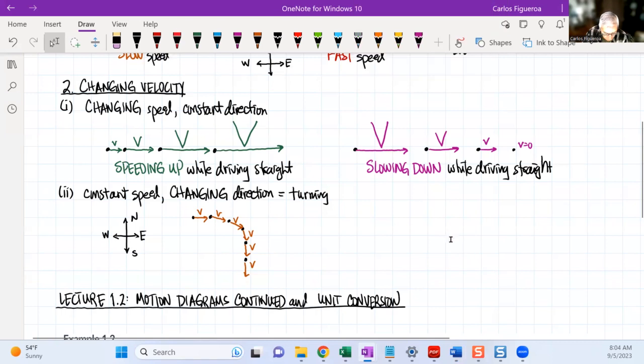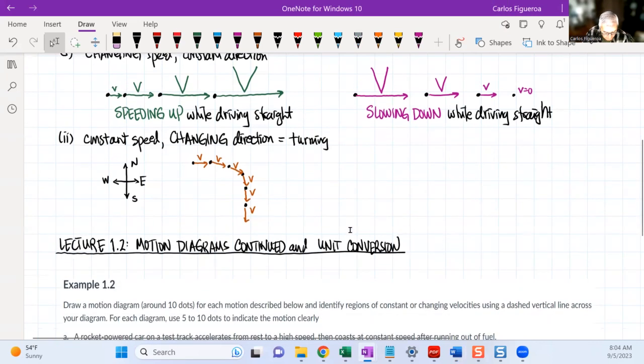Finally, let's talk about changing direction. If I change direction while holding speed constant, this is what we call turning. In this case, I try to draw the dots so that they have equal spacings. Therefore, it has a constant speed.